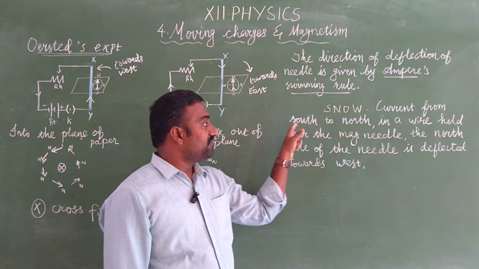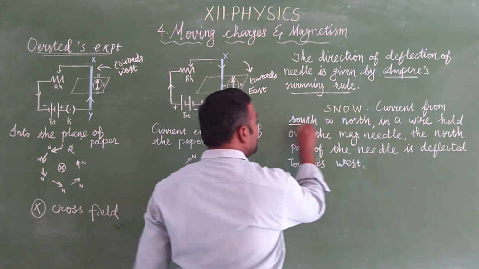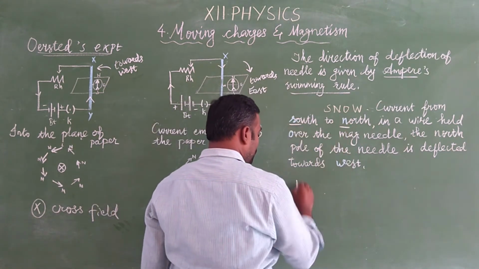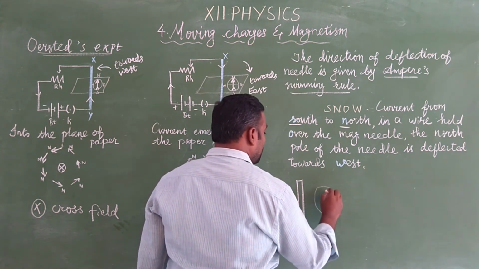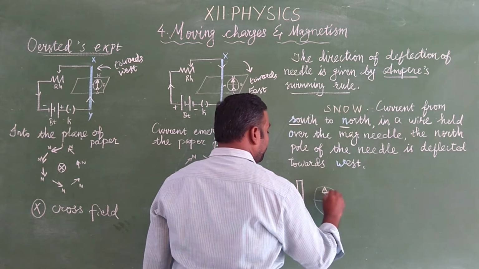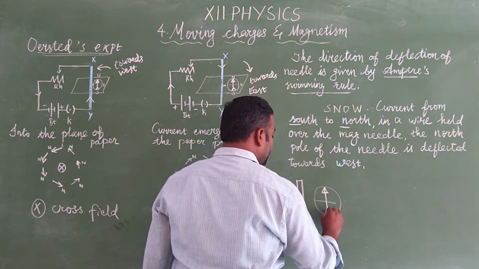SNOW means current from south to north in a wire. This is a conductor. Along the conductor we have a magnetic needle. So this is the magnetic needle.